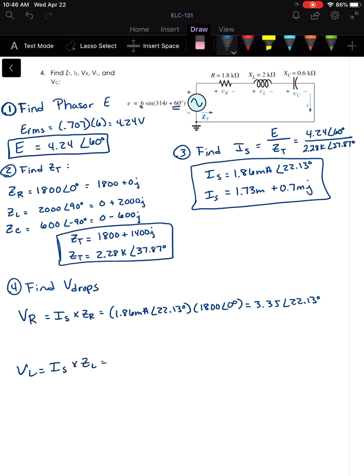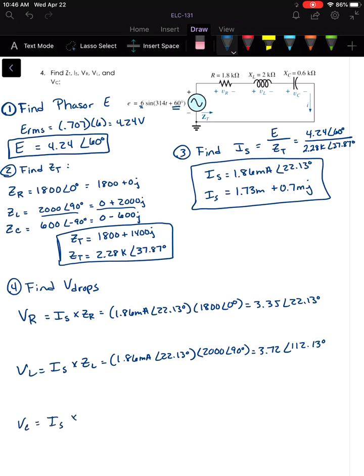So I sub S times ZL, the same current because we're in series. This time ZL was the 2000 at 90 degrees, which means we have 3.72 volts at 112.13 degrees.